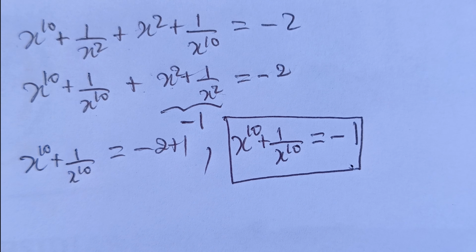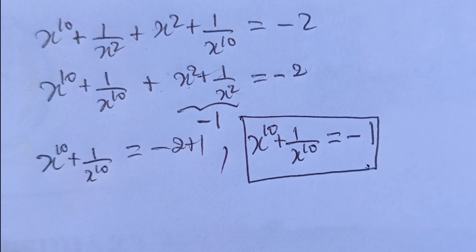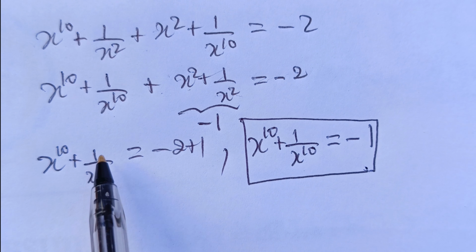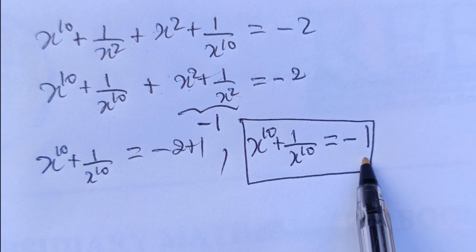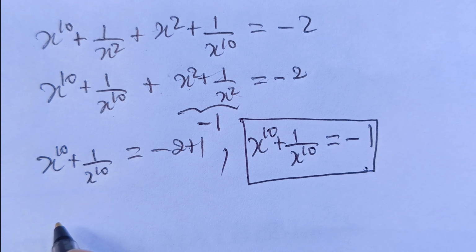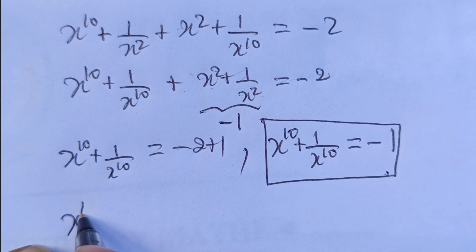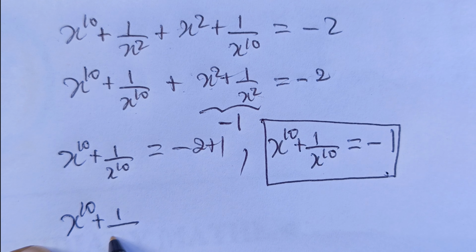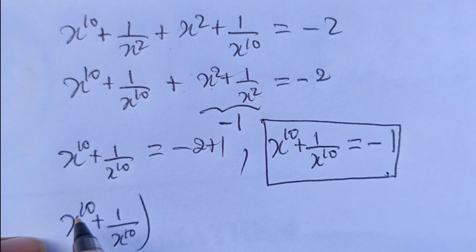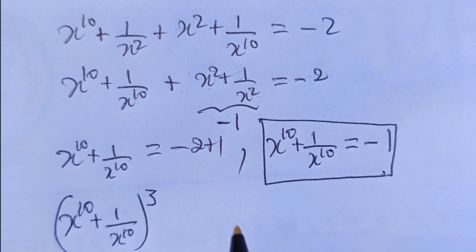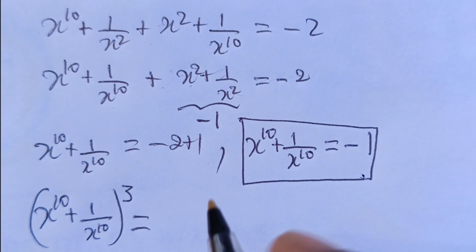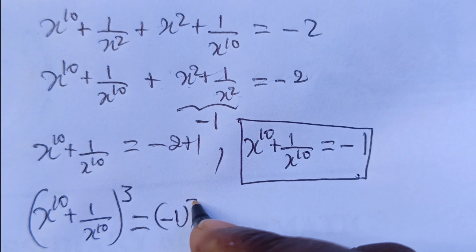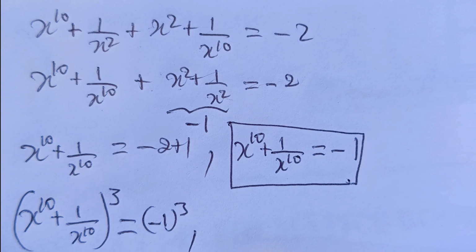Now, because we are there, let's cube both sides to have (x^10 plus 1 over x^10)^3. This will be (-1)^3, and you know it's minus 1.